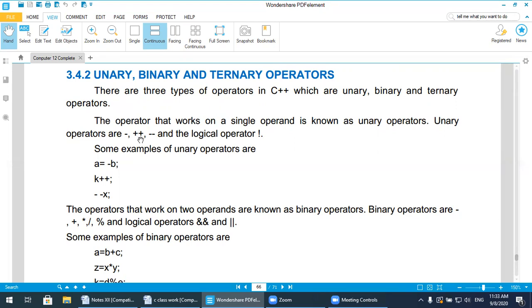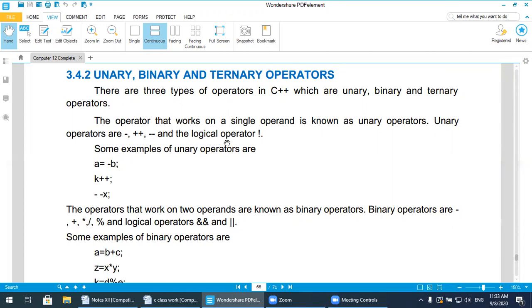Similarly, plus plus is also a unary operator. It works on a single variable like plus plus y, plus plus x. In the previous increment operator example we did, or x plus plus. Watch over there, a single operand is used with this kind of operator. Similarly, minus minus is also a unary operator.